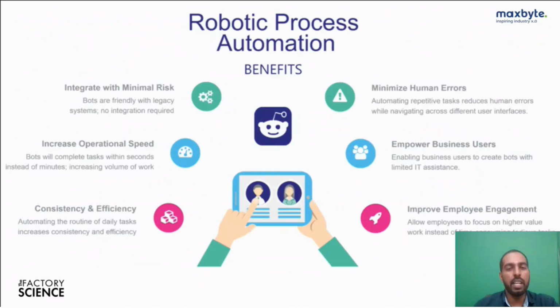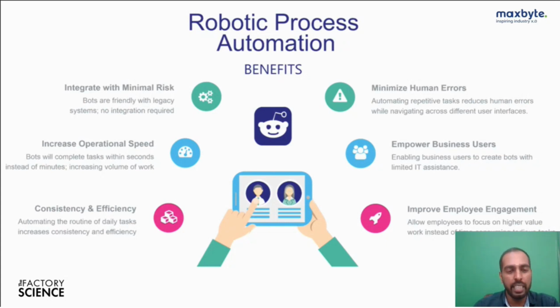So finally, the benefit of RPA is to integrate with minimal risk. These bots can be integrated with any kind of systems, whether it is old legacy systems or new systems. So there is no integration like API support required, so these kinds of tasks can be avoided.